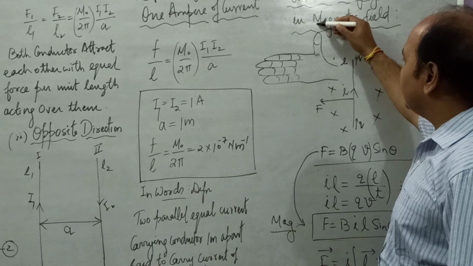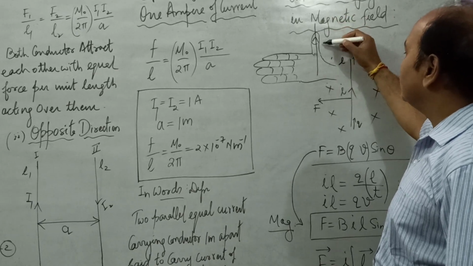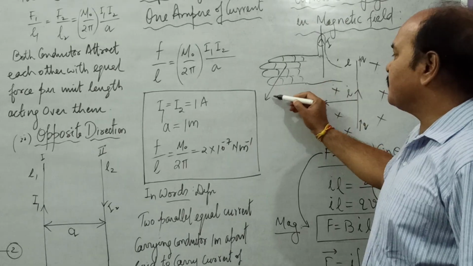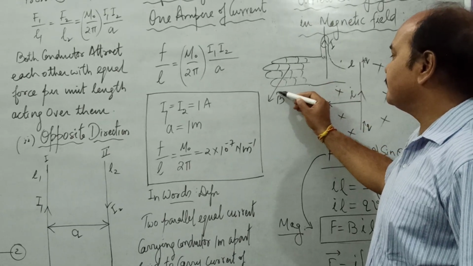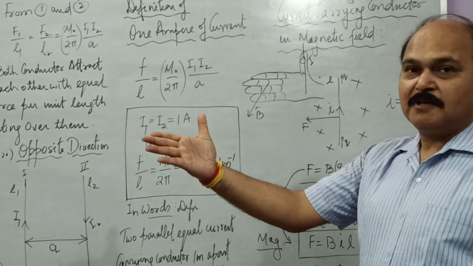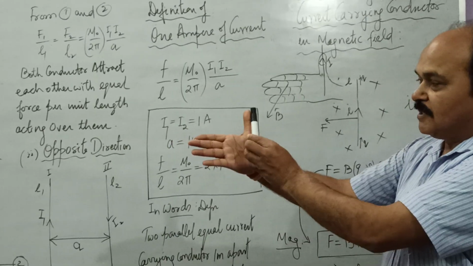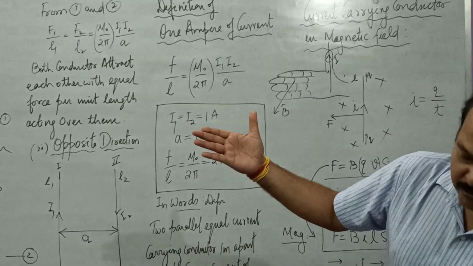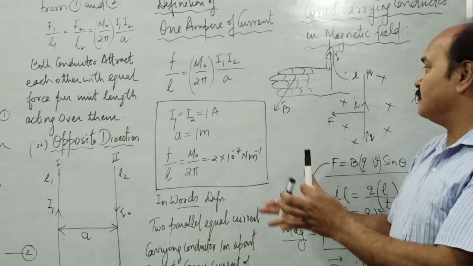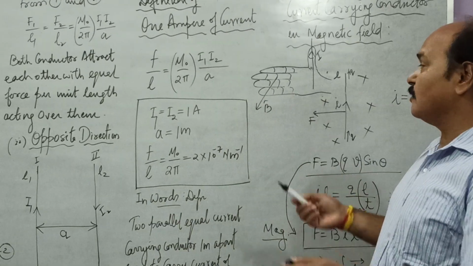If you place current carrying conductor along thumb, this is current, then direction of magnetic field at any point is direction perpendicular to palm. So this is Fleming's right hand palm rule. If current carrying conductor is placed along thumb, the direction of magnetic field at any point is direction perpendicular to palm, like this. So you should know this, and you know it very well.